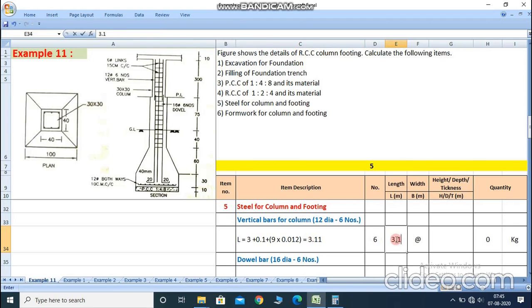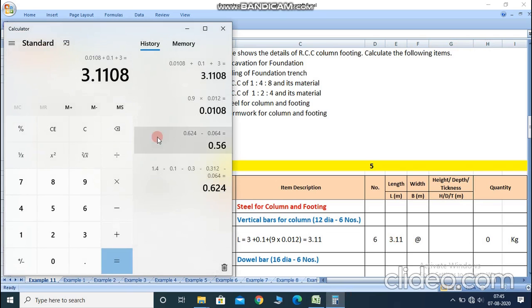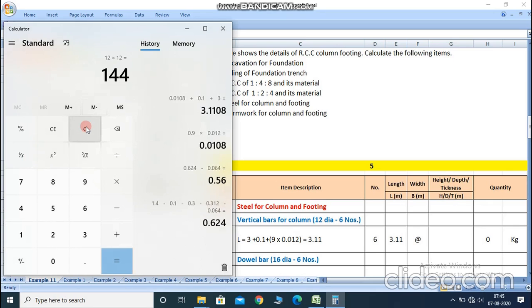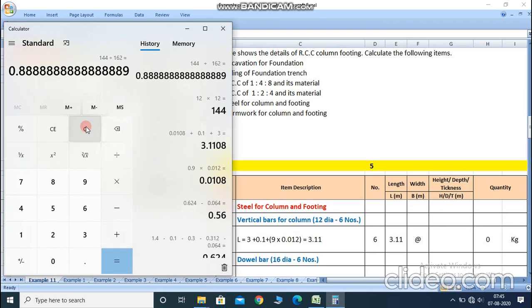So right here 3.11. Per meter length weight of the 12 mm diameter bar is d square divided by 162. So d square is 12 multiplied by 12, 144, divided by 162. We got the answer 0.888, so we take 0.89.